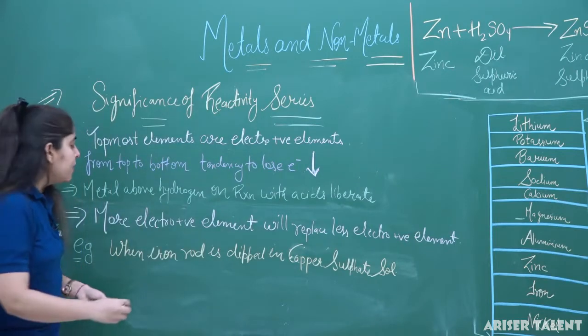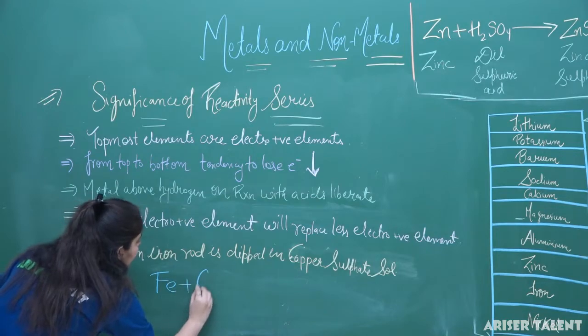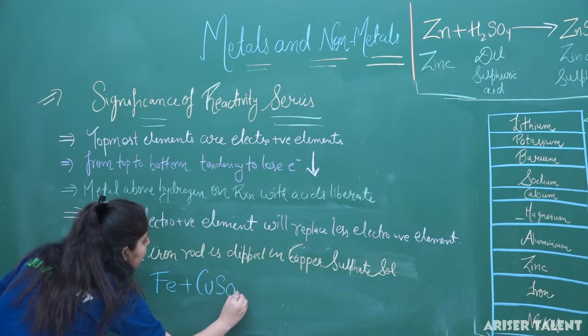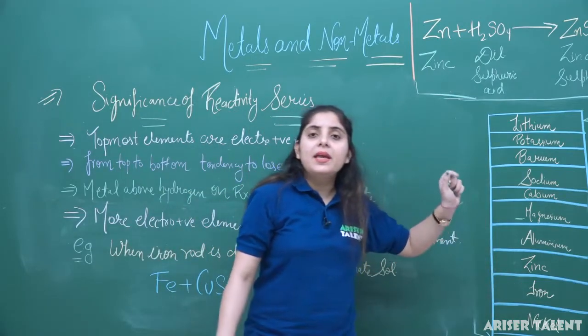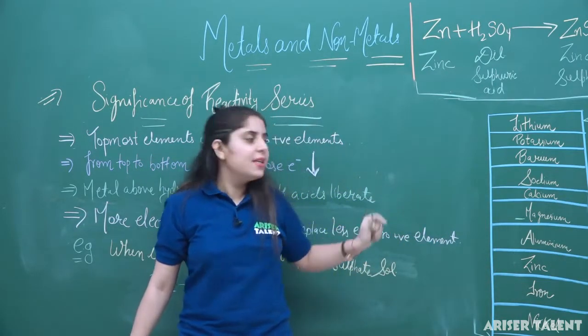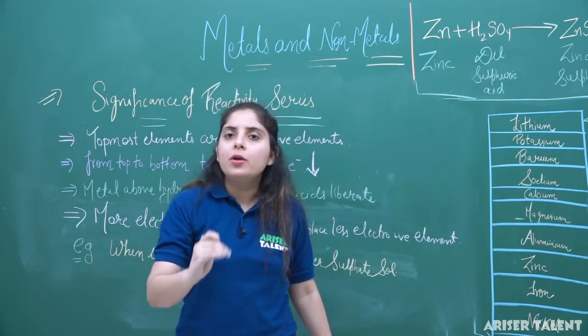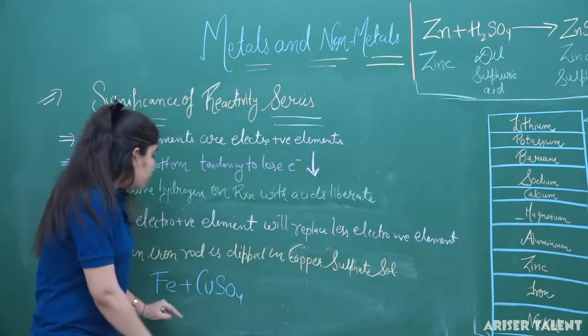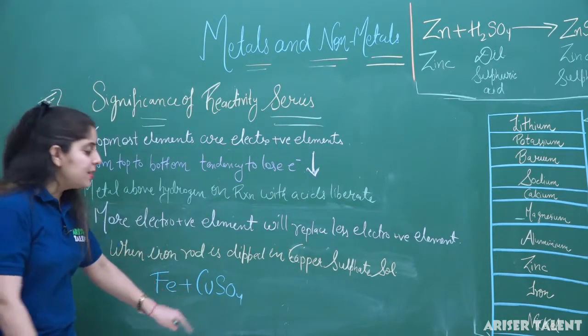Iron, Fe, is going to react with copper sulfate. As we see from the reactivity series, iron is placed above copper. The reactivity series we have drawn here shows copper at the bottom as compared to iron. So what will happen? Iron will replace the copper and form ferrous sulfate solution.